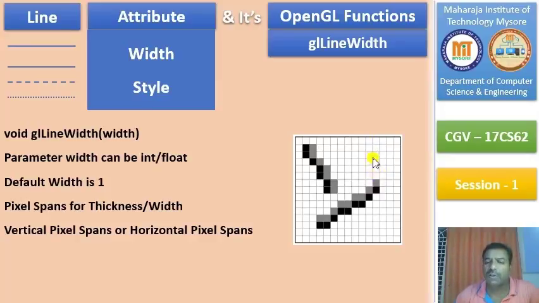This is what we call pixel spans. All these are pixel spans. Right now it's with the y-axis, hence we call this vertical pixel spans.